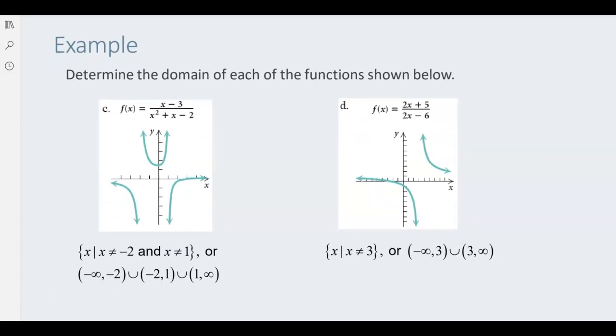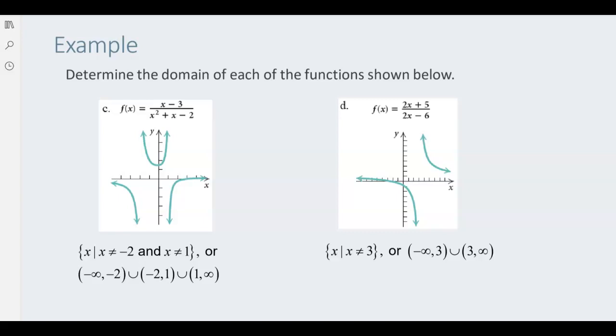Looking at these two functions, they're asking us to just determine what the domain is. And you can see these might be pictures that you could get if you plugged this function into Desmos. But Desmos isn't going to tell you what the asymptotes are. And so you've got to determine that on your own.